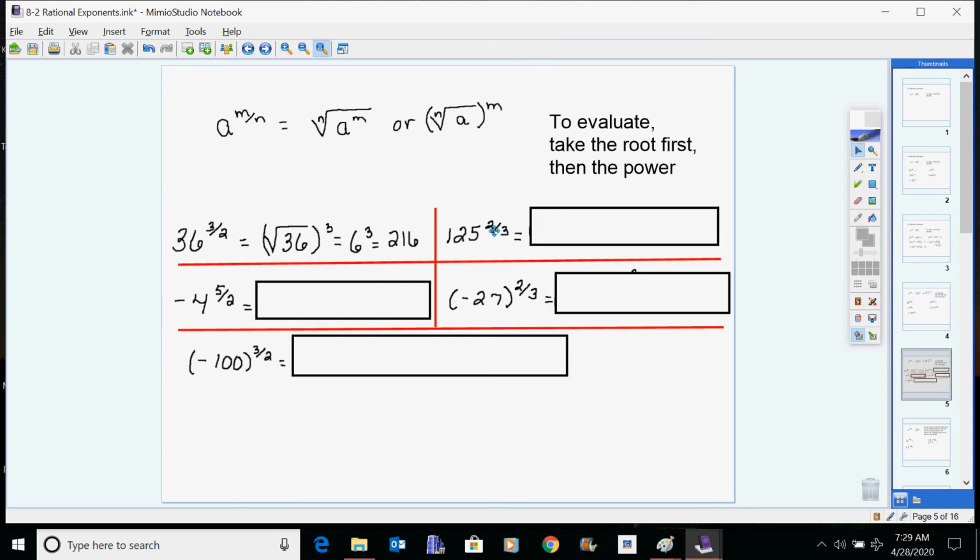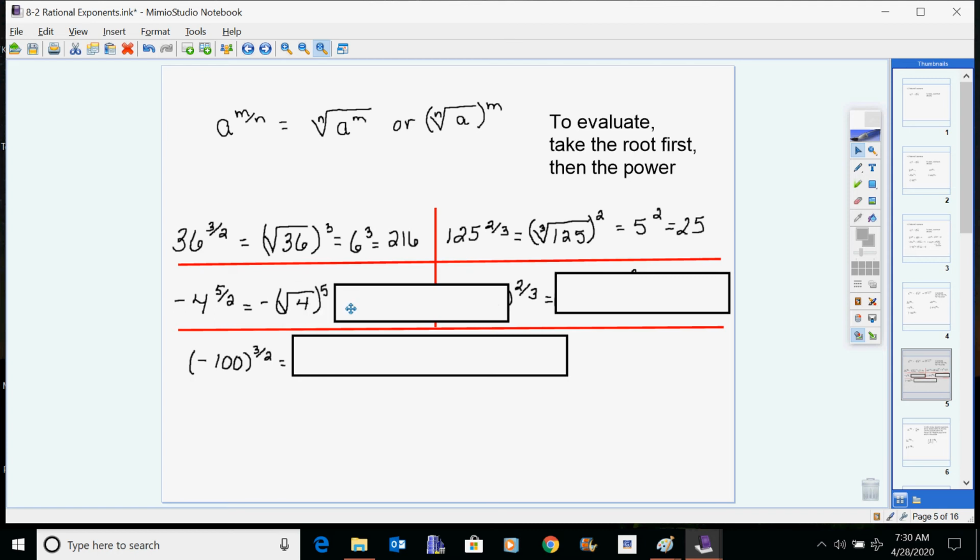Cube root of 125 to the second power. Cube root of 125 is 5. 5 squared, 125. This negative, remember the negative on this case is out there by itself. It is not attached, so you're doing the square root of 4 to the fifth, which is negative 32.